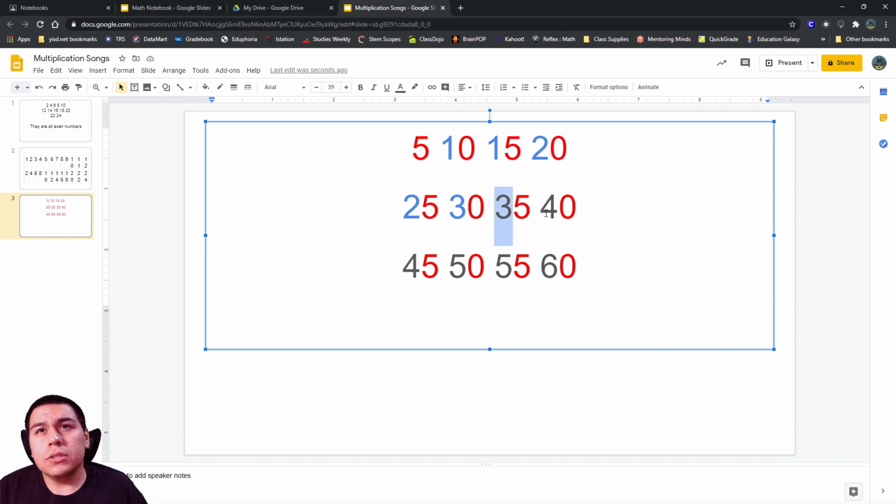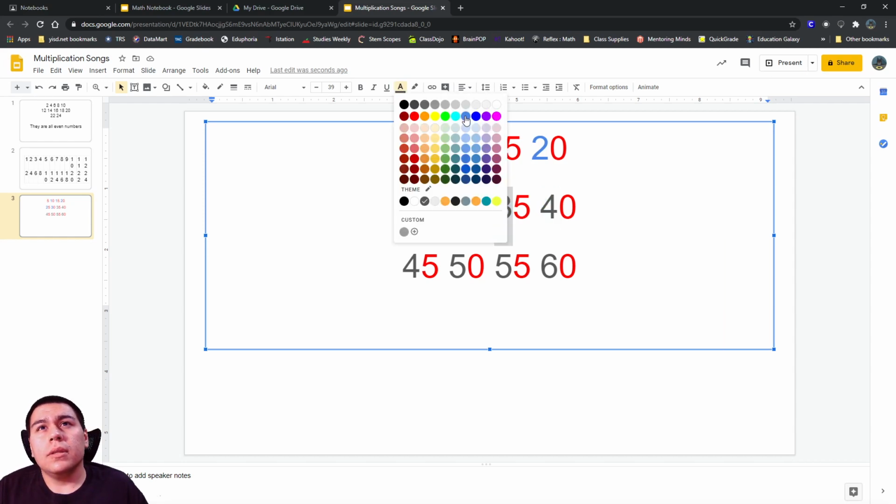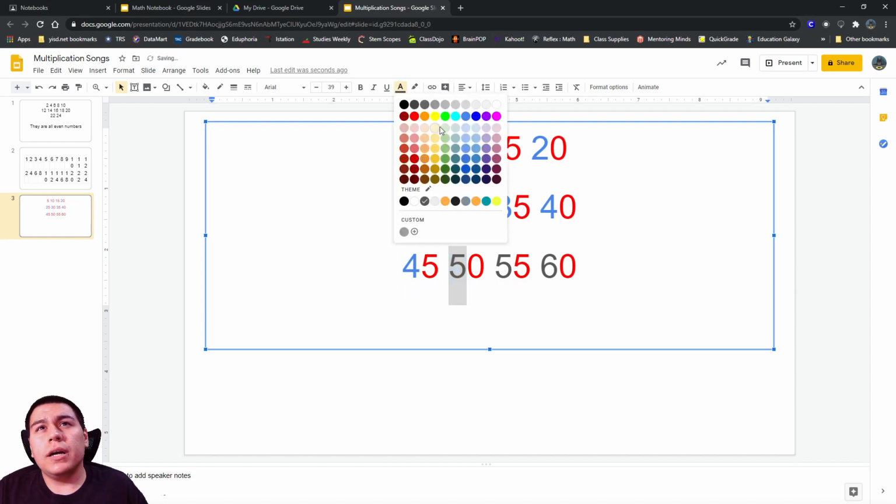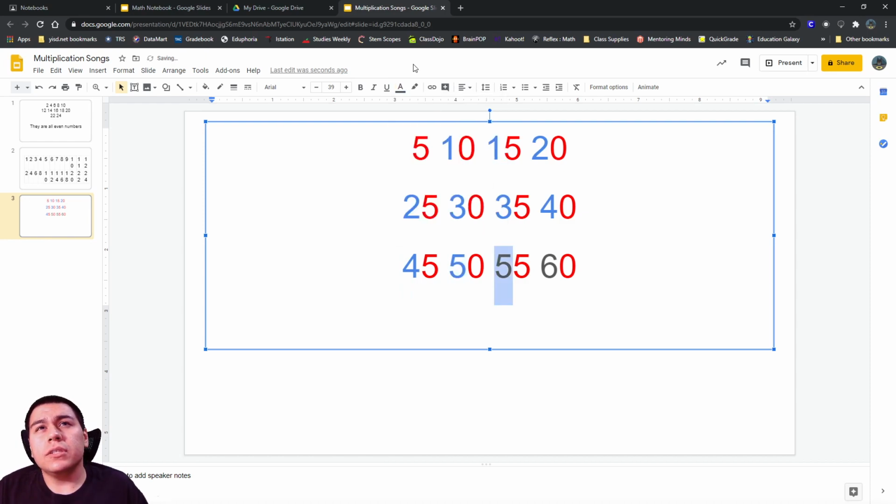The 3 turns into 4, and then the 4 turns into 5. The 5 turns into 6.